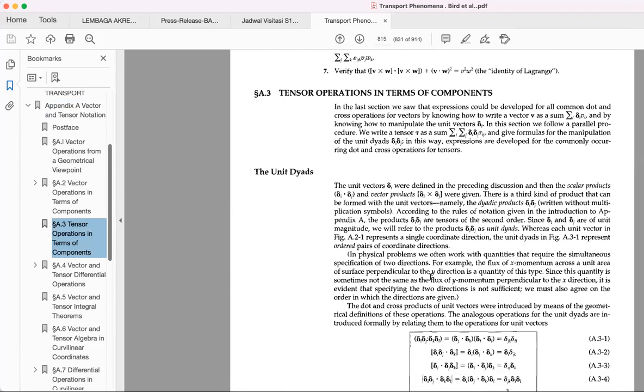So have a look at this appendix A to understand the difference between vector and tensor. Do you remember again about vector and tensor? Kind of, Bu. Okay.